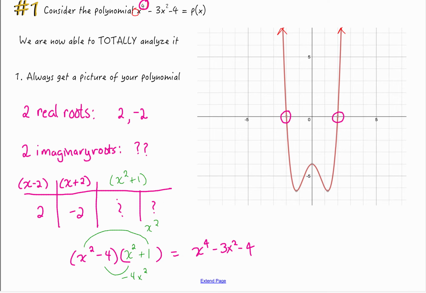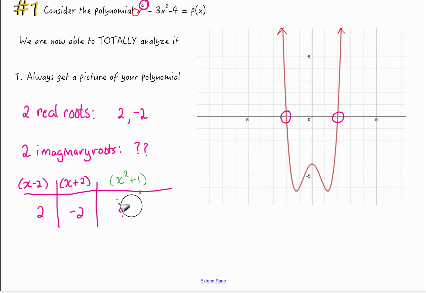So now I can solve that to find my other two imaginary roots. I just say x squared plus 1 equals 0, x squared equals -1, x equals plus or minus the square root of -1, which we now know is i. So my other two roots are a positive i and a negative i.